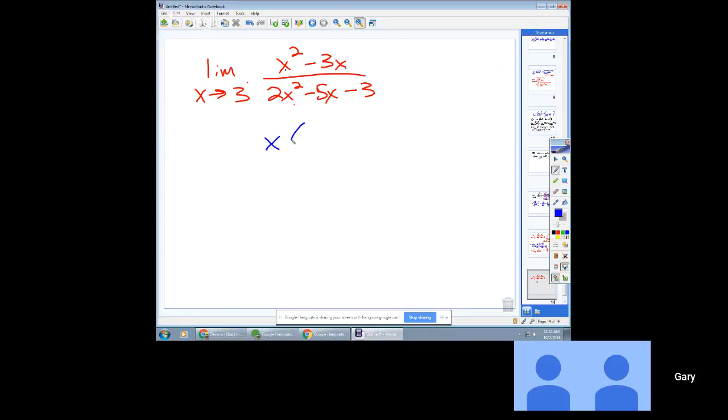So I pulled the x out, that leaves behind x minus 3. In the denominator, to get a 2x squared, I was thinking it had to be 2x times x. And then the 3 had to be 1 times 3. So either it's 1 and 3 there, or it's 3 and 1. And I picked 1 and got 1.